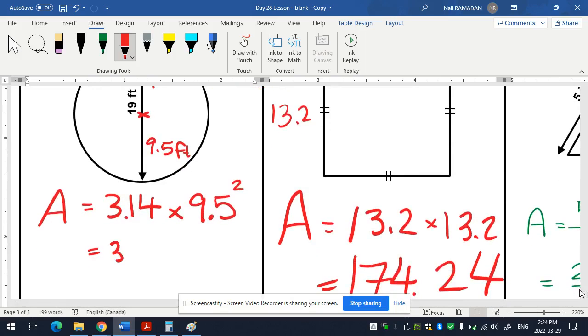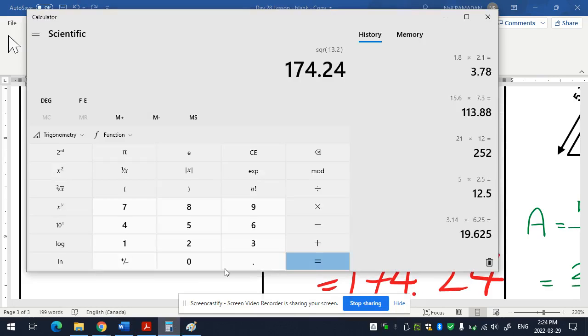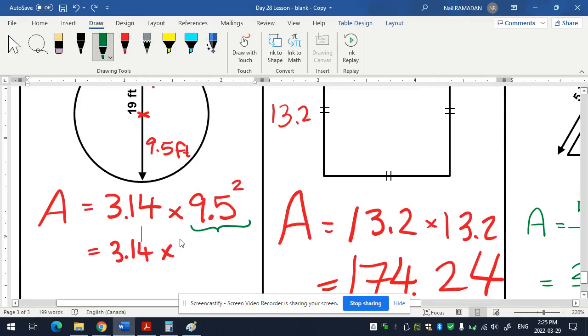So 3.14 times, and I'm going to put a bracket under this to tell you that whatever is here is just for this. Let's just do 9.5 squared. Hold on. 90.25.